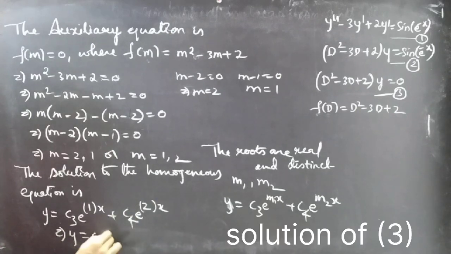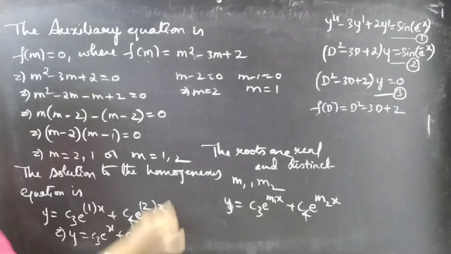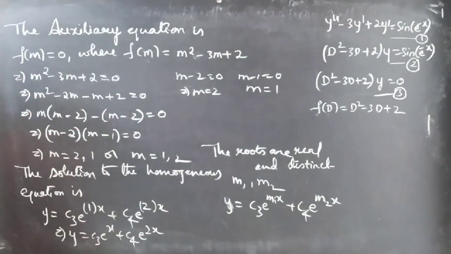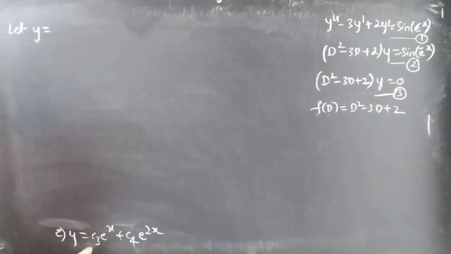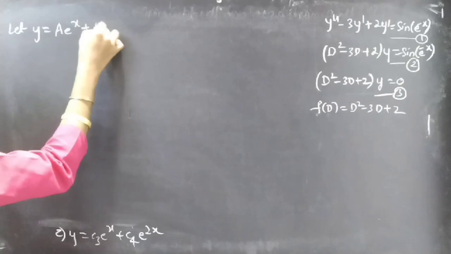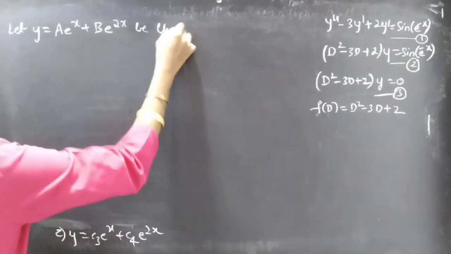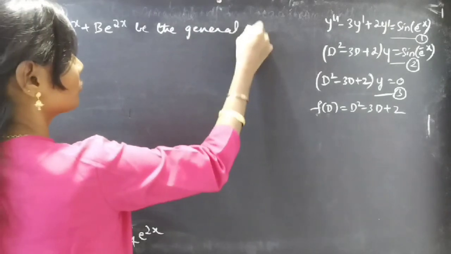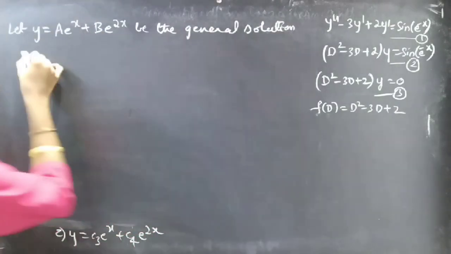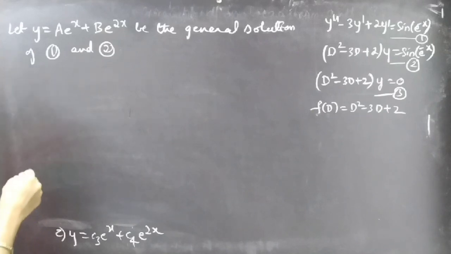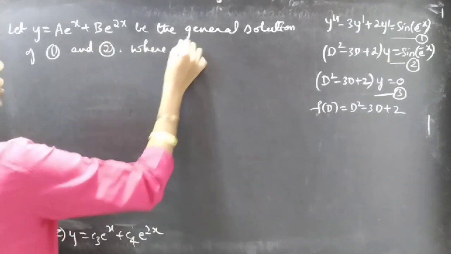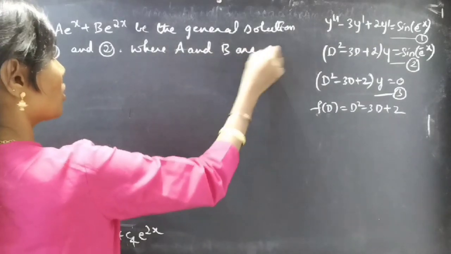We get y equal to c3 e power x plus c4 e power 2x, which is the solution of the homogeneous equation. Now let y equal to, just replacing the constants or parameters with functions of x, a and b: y equal to a e power x plus b e power 2x be the general solution of 1 and 2, where a and b are functions of x.